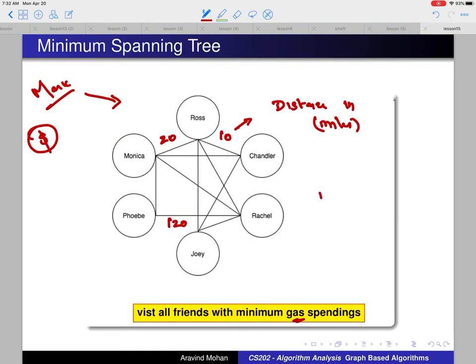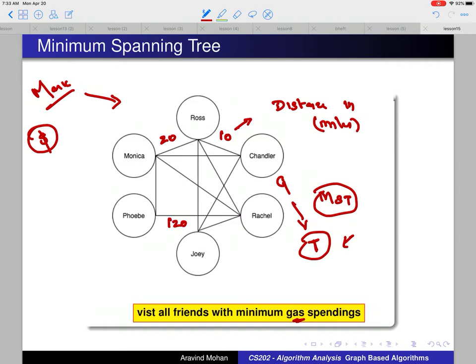This is where we have the MST. If we can derive a subset of this graph G, and call that T, such that the sum of all the edges would be as small as possible.